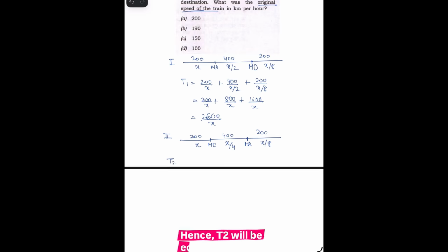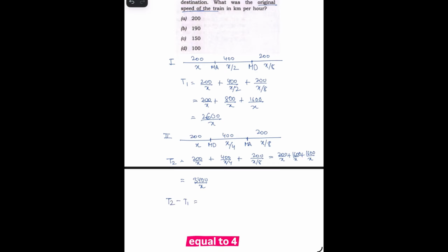Hence T2 will be equal to 200 by x plus 400 by x by 4 plus 200 by x by 8. So this is equal to 200 by x plus 1600 by x plus 1600 by x. So this is equal to 3400 by x. It is also given that T2 minus T1 is equal to 4.